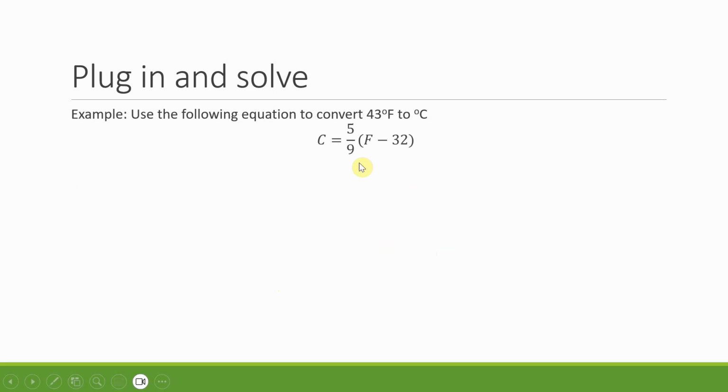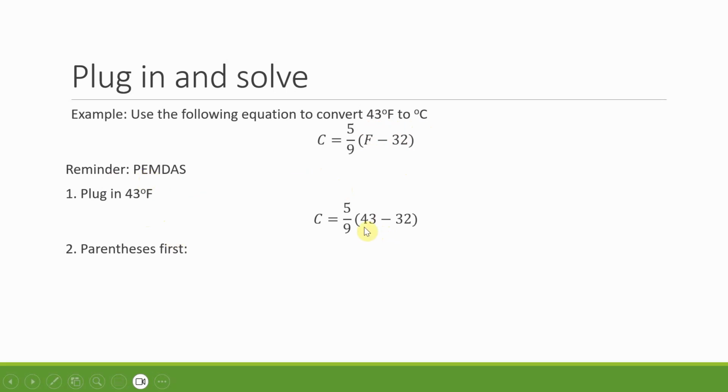So a quick example of that: use the following equation to convert 43 degrees Fahrenheit to degrees Celsius. Here's my equation. So remember, here's PEMDAS. First thing we'll do, we'll plug in that 43 for the F. So that gives us this right here. I haven't done anything but put the 43 in. Then, going through here, anything in parentheses. So that's going to be the 43 minus 32.